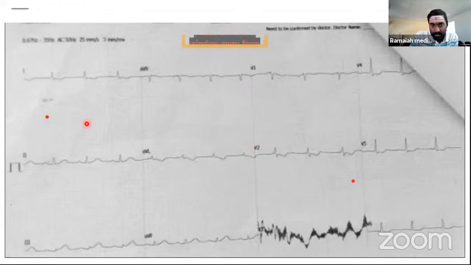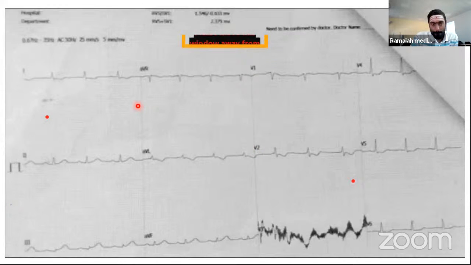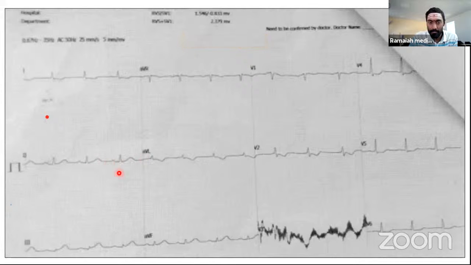Any other observations in this ECG? Apart from the ischemia, bradycardia, very good, bradycardia. We'll come to how you determine heart rate soon. Anything else? How are the QRS complexes? No P wave? The P wave is there here. See, you are seeing a very good P wave here in lead 2. This is a P wave. This is also a P wave.